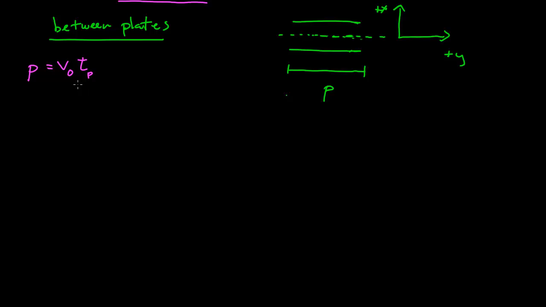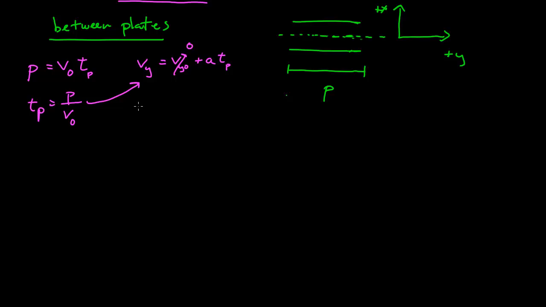Now in the same time, it will acquire a vertical speed, V y, which is equal to its initial V y naught, which we said was 0, plus the acceleration that I put on the plates, times the time within the plates. Again, the time within the plates is simply the distance in the x direction divided by the x velocity.